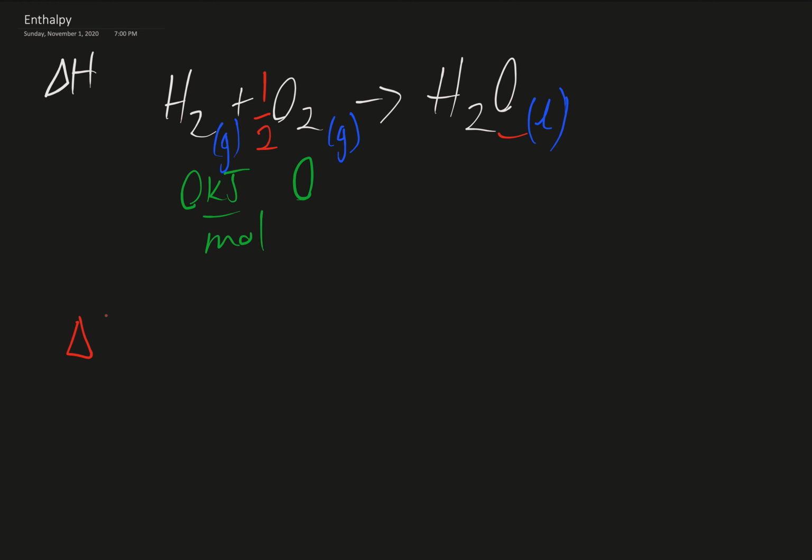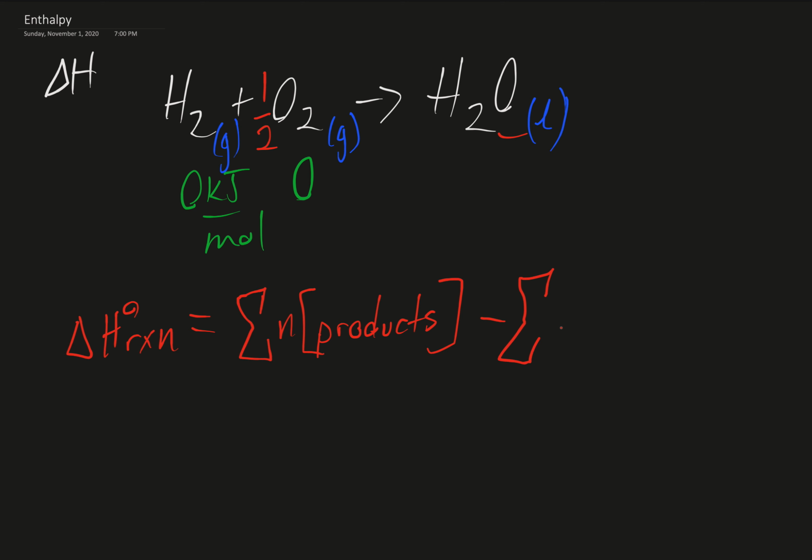The standard heat of a reaction is going to equal the sum of the heat of formations of the products minus the total sum of the enthalpy change, or the heat of formations of the reactants.